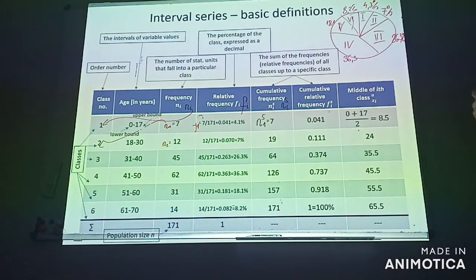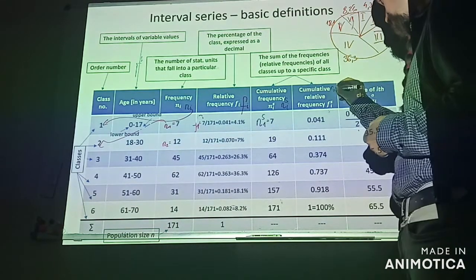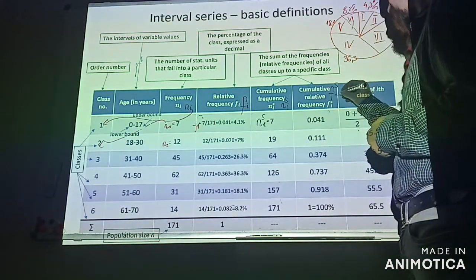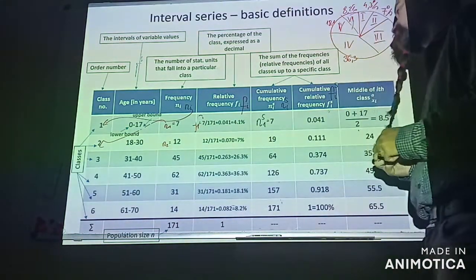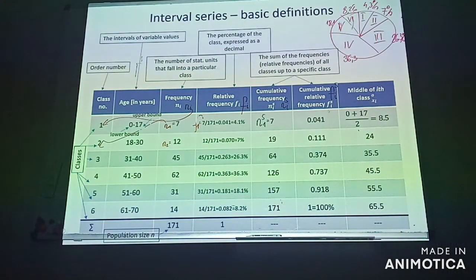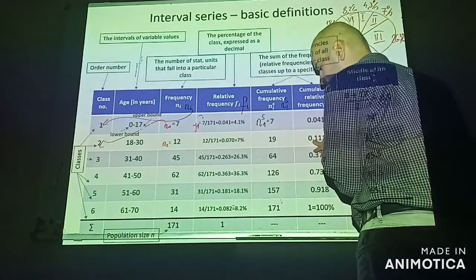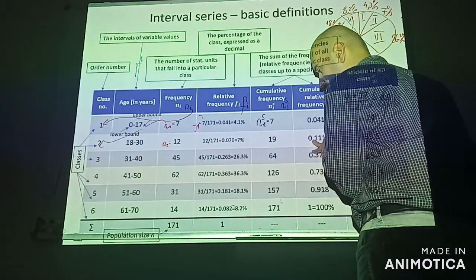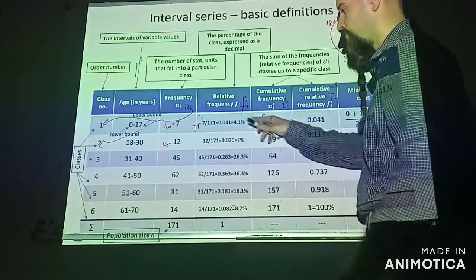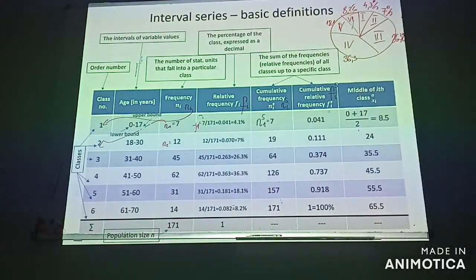The next column represents cumulative relative frequencies with symbol FSi. We do the same thing as earlier, but we work on the relative frequency column.